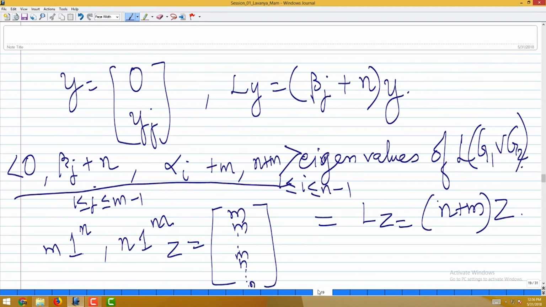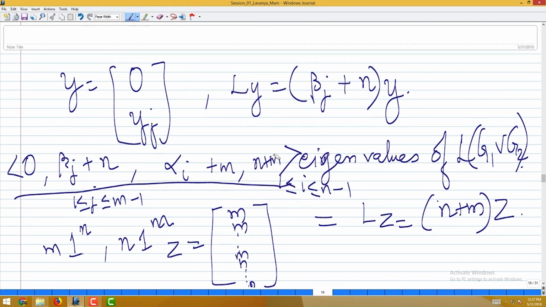So, what do we know? This is going to be the spectral value of G1 join G2. If my given graph is the join of two graphs, then I know that there is an eigenvalue of size n plus m, for the two parts, which is the total number of vertices in my graph.